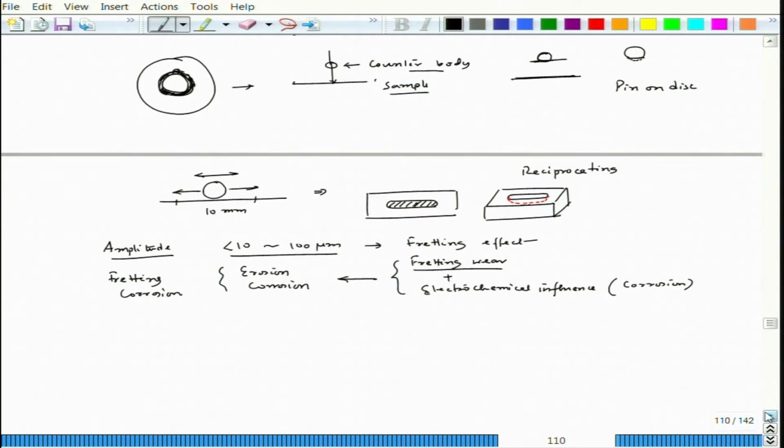I am just giving an overview of what kind of situation you might experience when you have erosion plus corrosion. This fretting kind of corrosion you might experience in case of a rail joining part with the help of a bolted fist plate. For example, let us say this is my rail part, and these two rails are being joined.